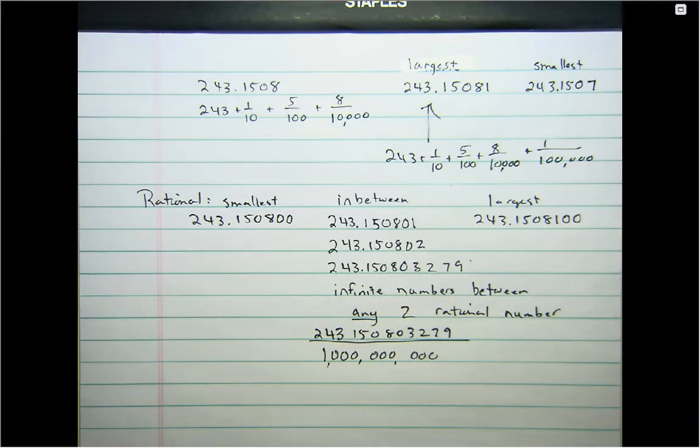So there's an infinite number of rational numbers between any two rational numbers. Because of the way our decimal system works, it's easy to see that in decimals. You can also do the same thing with fractions, but it's a little more work, so we'll avoid that.